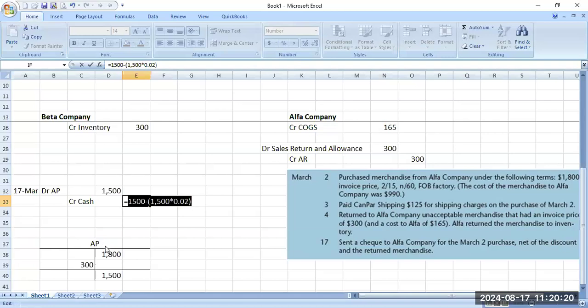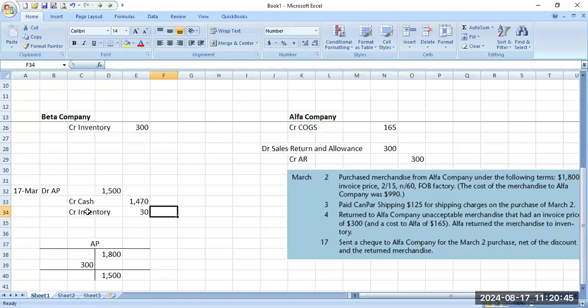So we're going to pay only $1,470. What's going to happen with the $30? That's going to be credited directly to the inventory with $30. So our inventory becomes cheaper by another $30.